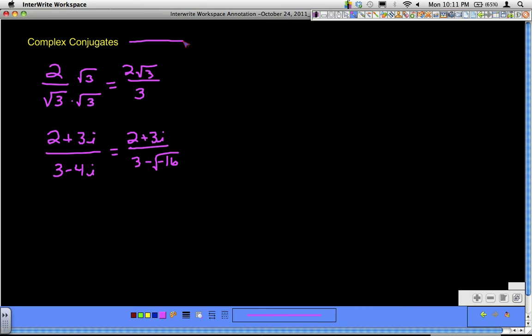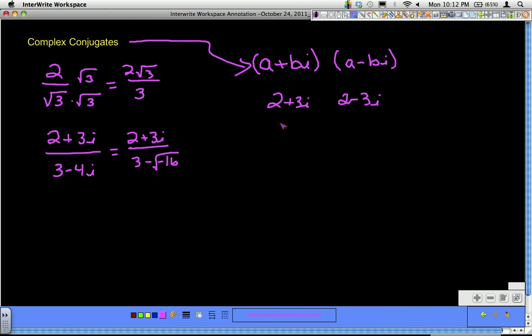So let's do a little review here real quick. Conjugate: if I had some value that was a plus bi, the conjugate of that, we just reverse the sign for the imaginary part. So these two are conjugates of each other. And since we're talking in terms of a complex number and another complex number, they're complex conjugates. So a little review with this: 2 plus 3i, its complex conjugate would be 2 minus 3i.